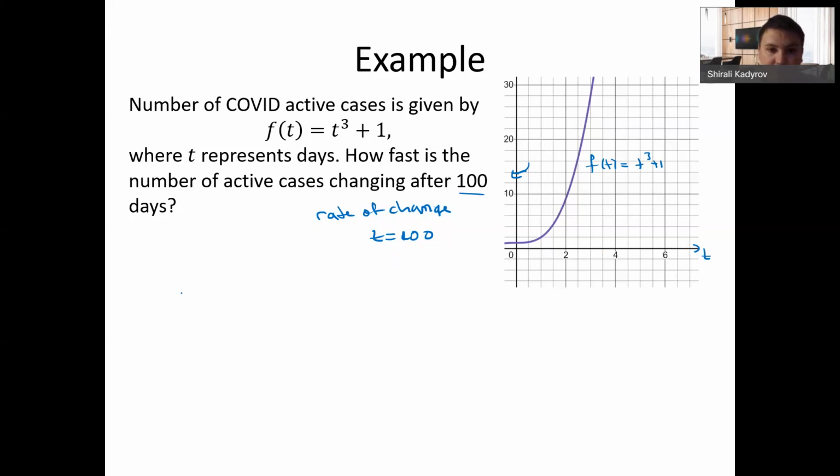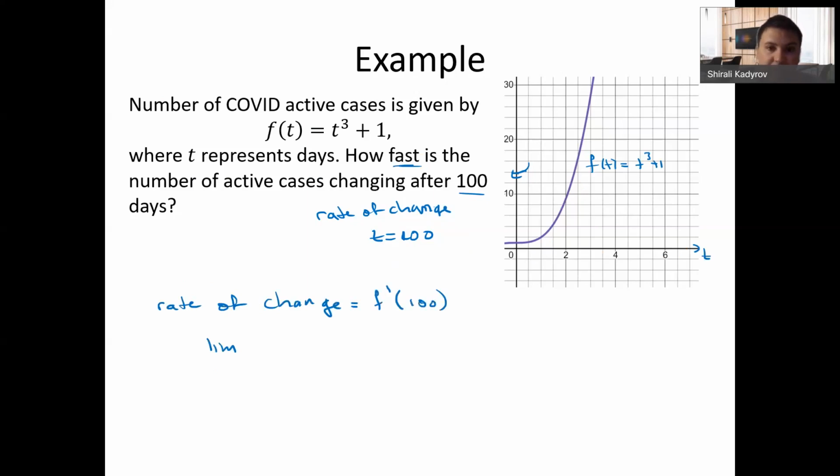We know how to find the rate of change. This fast also means speed. So the rate of change can be found by a derivative, so this is like f prime of 100.